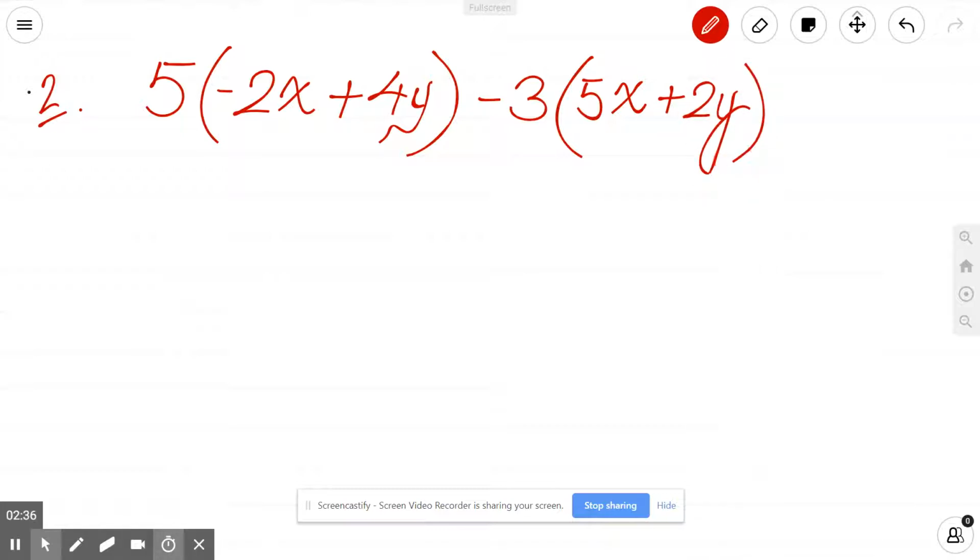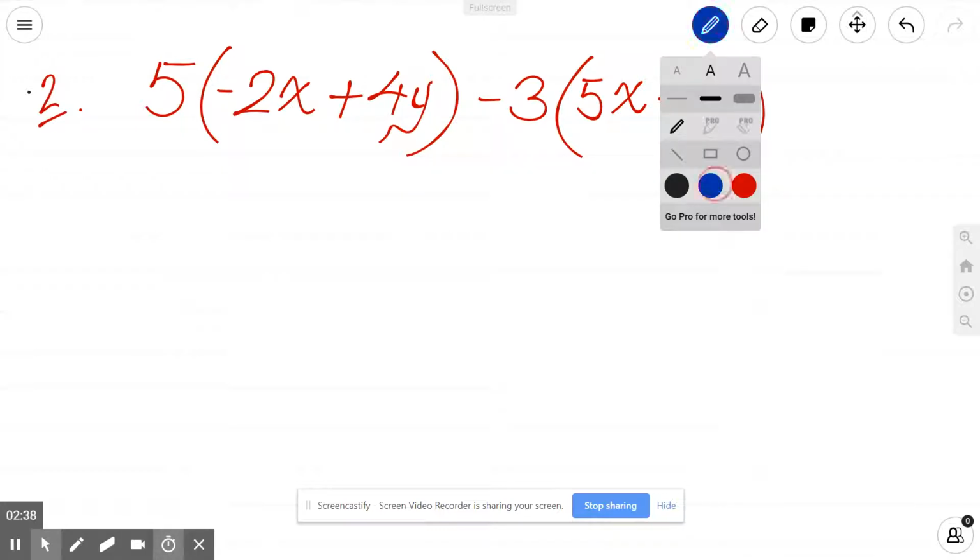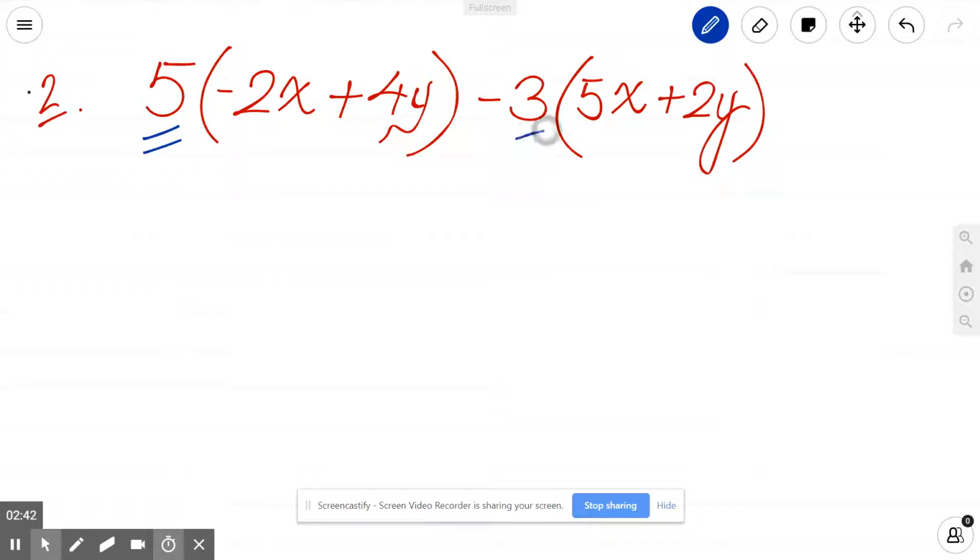Let us say you have to simplify this expression over here, in which there is distribution happening at 2 places. So for this first parentheses, you'll have 5 distributed to both the people here. And in this one, you'll have 3 distributed to both the people here.